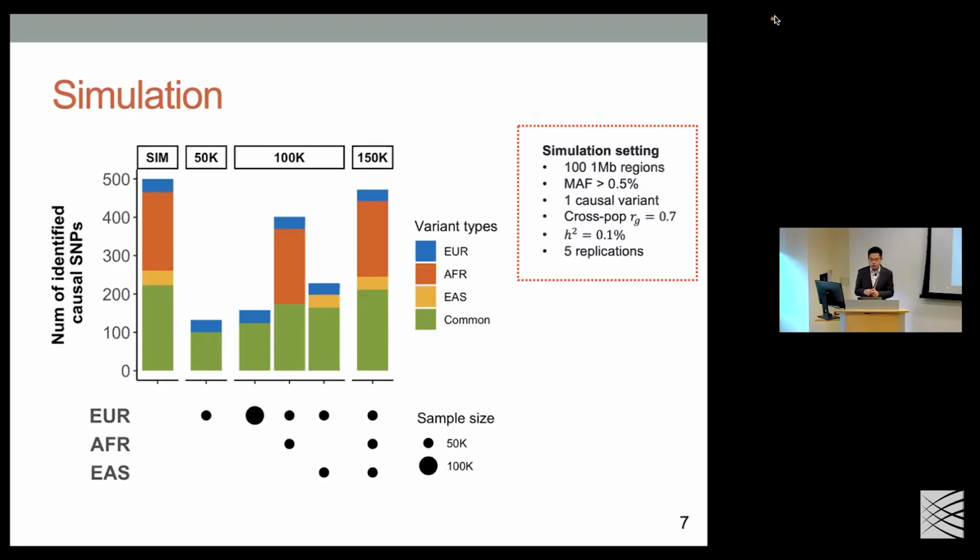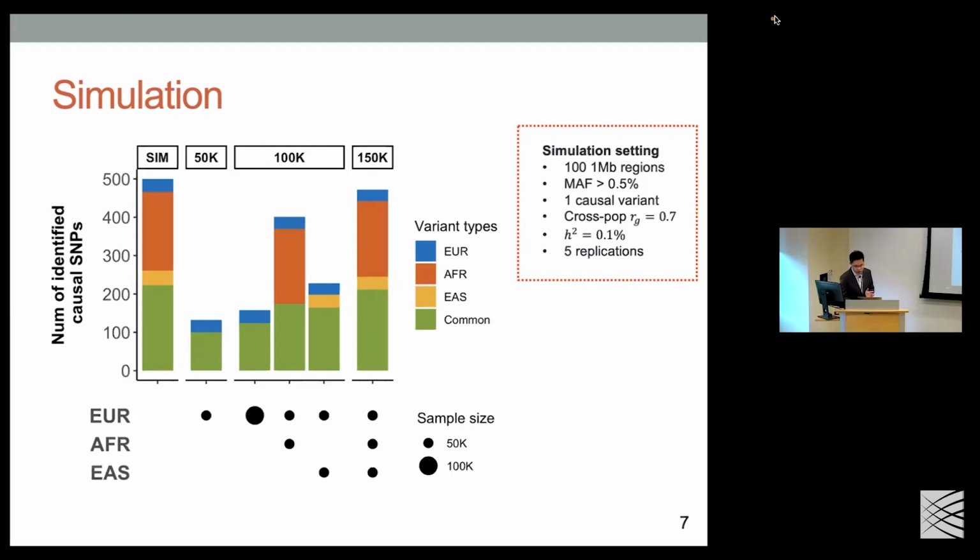And for each region, we simulate one causal variant, and the cross-population genetic correlation is 0.7. The probability we set is 0.1%, and for each simulation setting, we replicate 5 times.